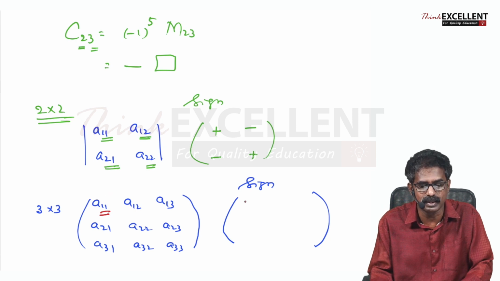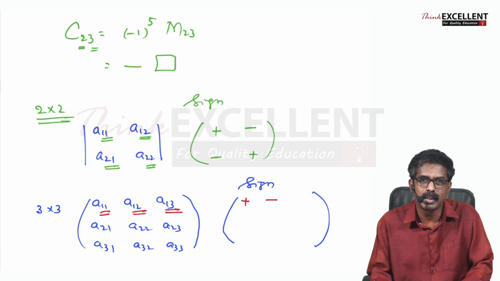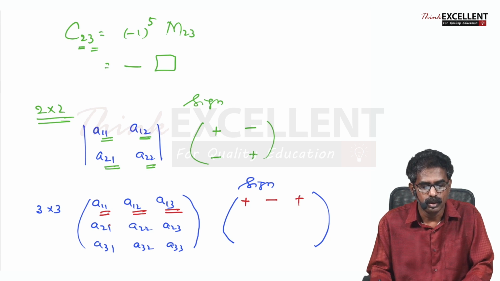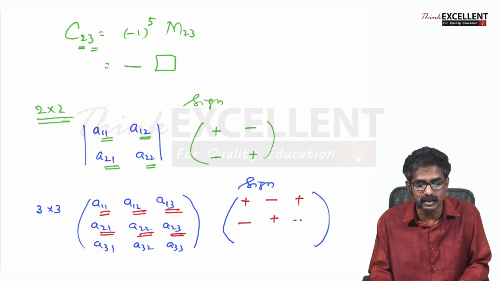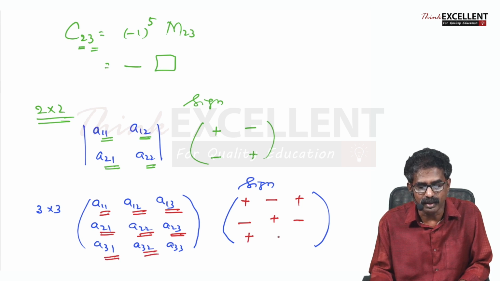Even number, so plus. 1 plus 2, 3, right? Odd number, minus. 1 plus 3, 4. 4 is an even number, so plus. 2, 1. 2 plus 1, 3. Odd number, minus. 2, 2. 2 plus 2, 4. Even number, plus. 2, 3. 2 plus 3, 5. Odd number, minus. 3 plus 1, 4. 3 plus 2, 5. Odd number, so minus. 3 plus 3, 6. Even number, plus.